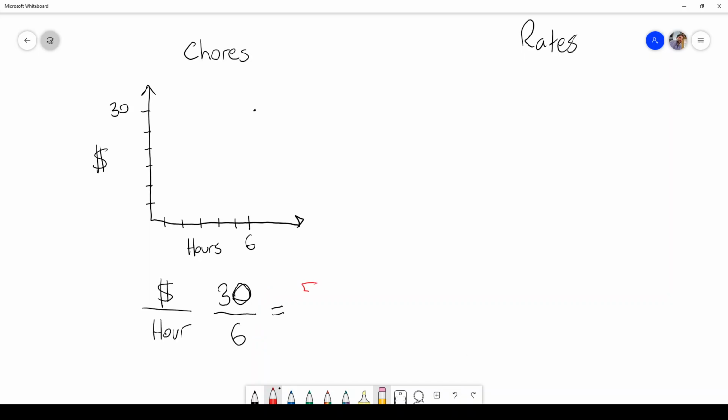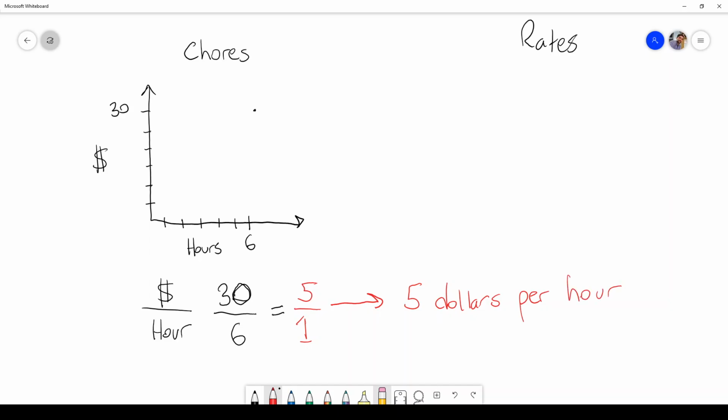I get 5 over 1. $5 for every 1 hour. That's like $5 an hour. So when we say $5 an hour, that's what it means. So that's $5 per hour.